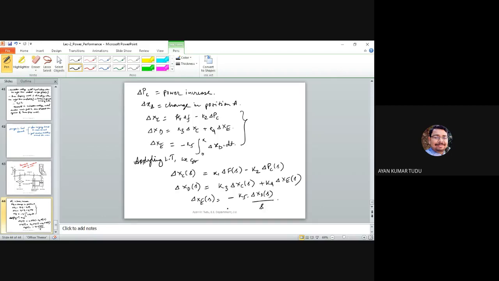Correct? So what we have to do is eliminate the variables delta XC and delta XD. So we can say that delta XD is equal to minus s into delta XE(s) by K5.